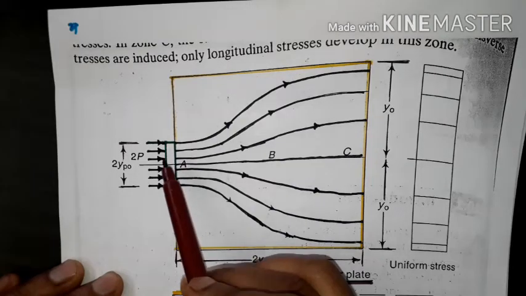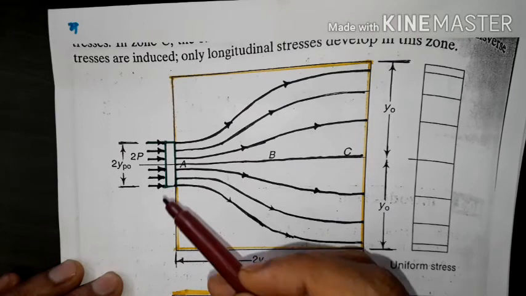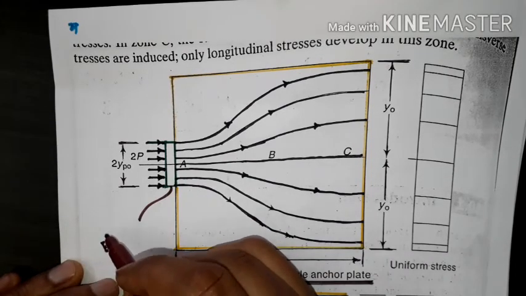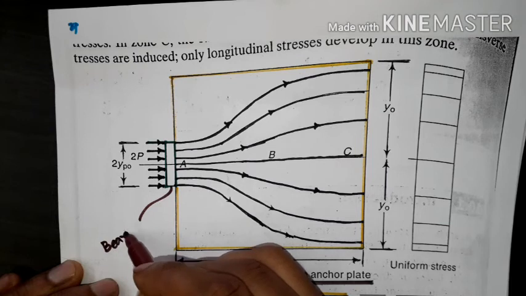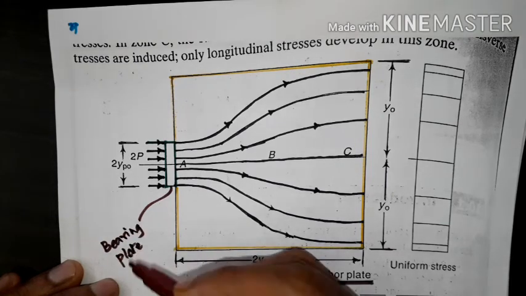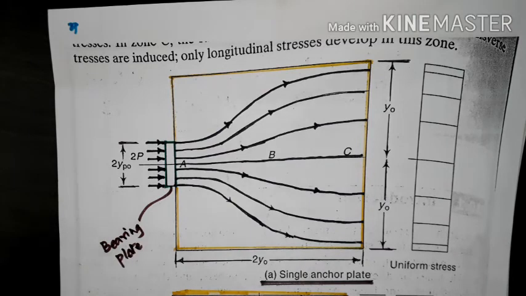Here we have the bearing plate. Why is it called a bearing plate? It will bear the load and transfer it to the concrete. That's why it is called a bearing plate.